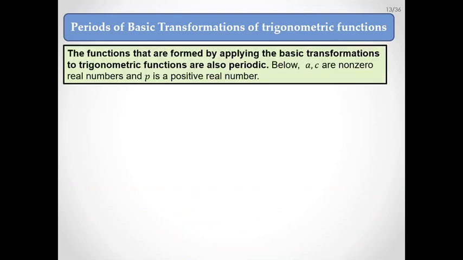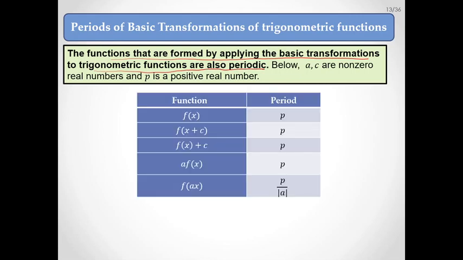Now we will see how to find the periods of different transformations of trigonometric functions. The functions that are formed by applying the basic transformations to trigonometric functions are also periodic. So here it gives the relations. Assume a function has a period p, then adding c here, you shift this function to the left or to the right depending on c.